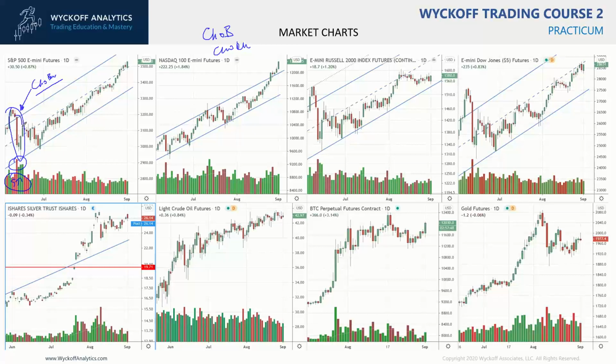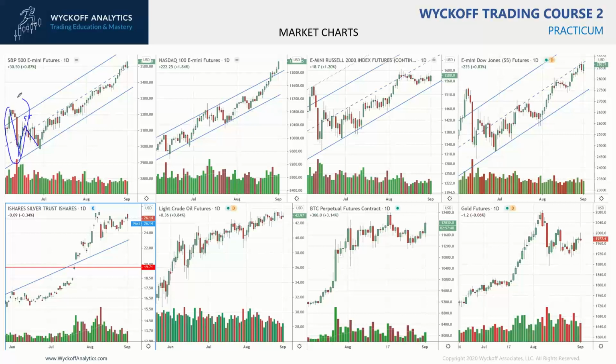We have a big bar to the downside, something we saw a lot during the COVID-19 reaction, but haven't seen a lot since the March 23rd low. Therefore, this is a change of behavior. A change of character is a structural concept. A change of character usually suggests that after the change of behavior reaction, we have an attempt to retest, in this case to the upside, and it fails.